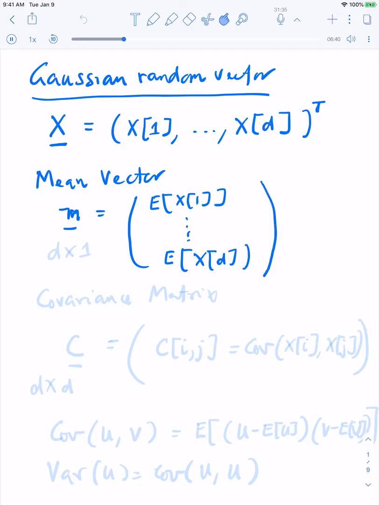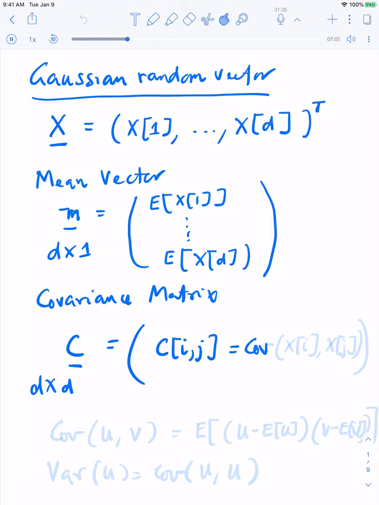That's the mean vector, and the covariance matrix, C. So the mean vector is of course d cross 1, and the covariance matrix is a d cross d matrix whose ijth entry, I only need to specify that, is the covariance of the ith random variable and the jth random variable.